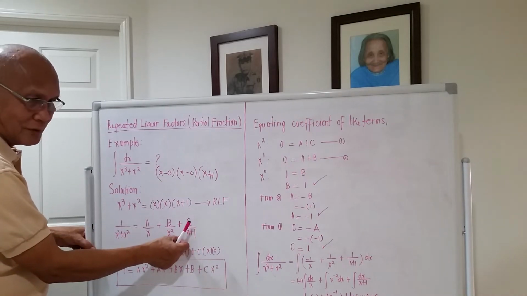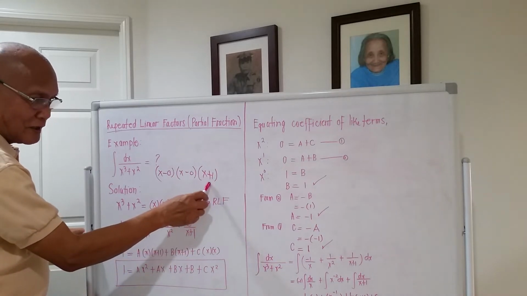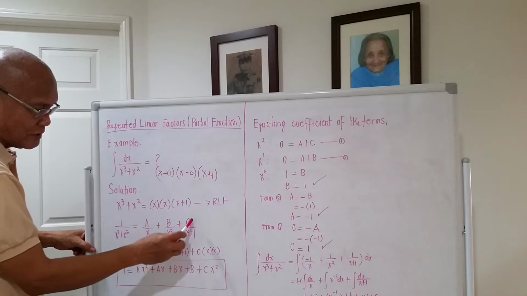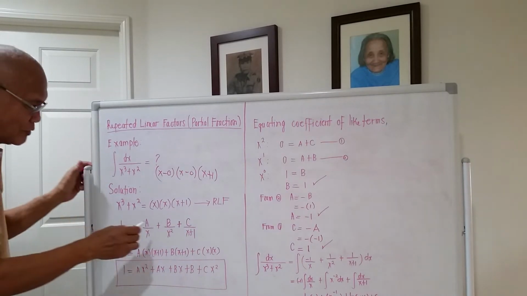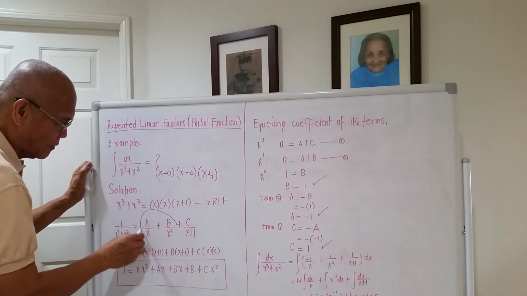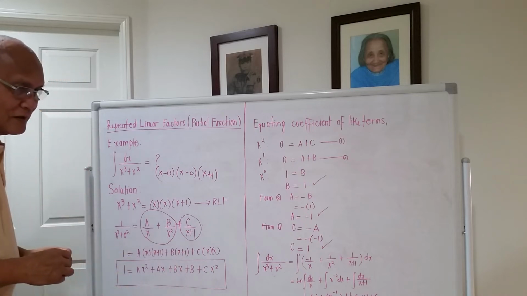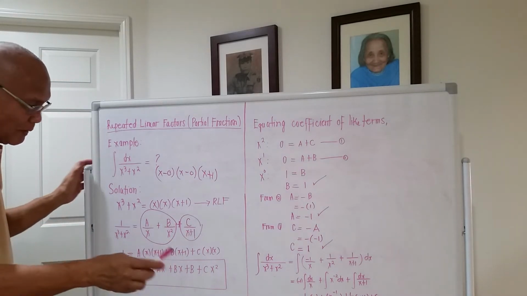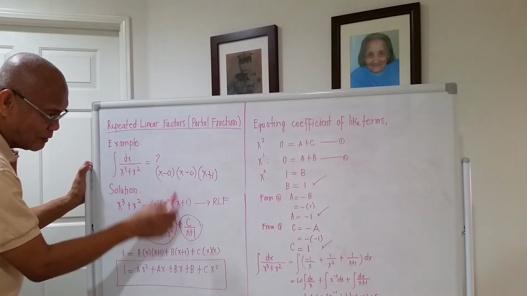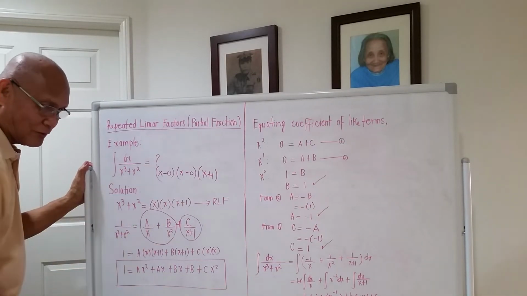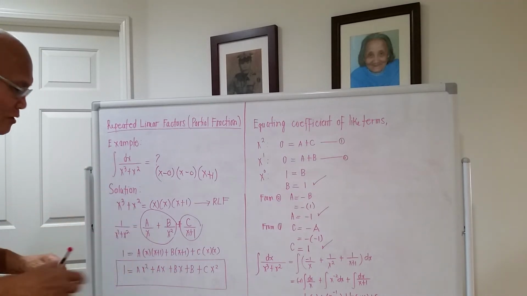This linear factor here is represented by C over x plus 1. This portion is the repeated linear factor, and this is not repeated. So the equivalent is A over x plus B over x squared, stopping at 2 because the highest power is only 2. Okay, let's try to simplify.